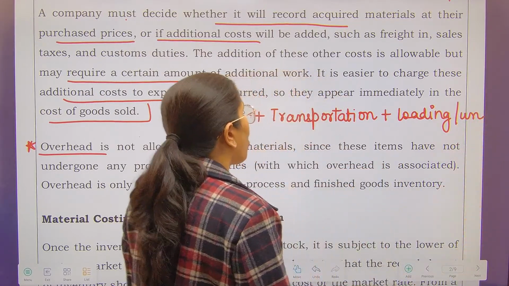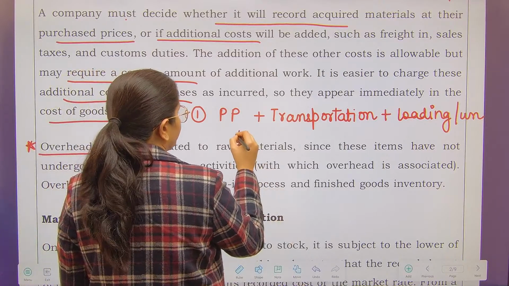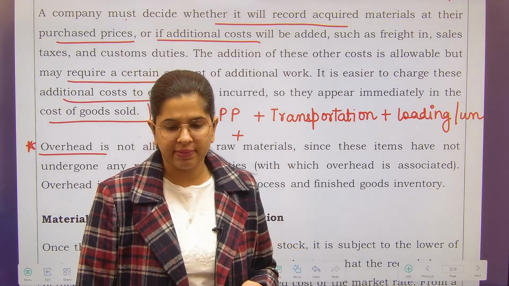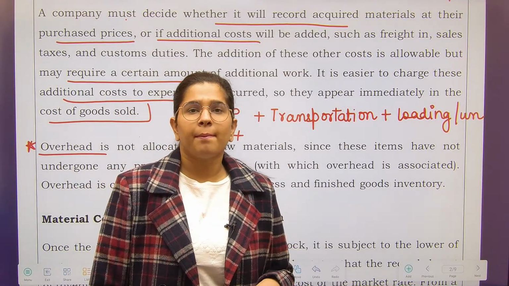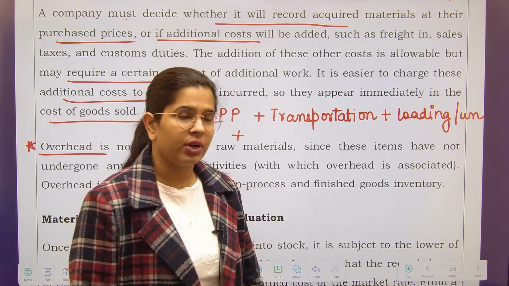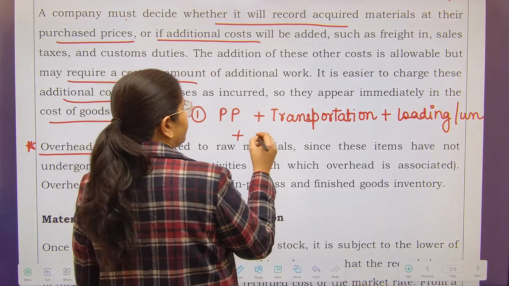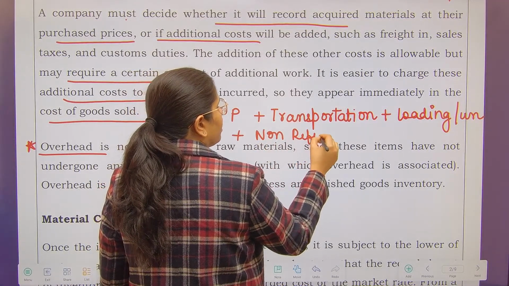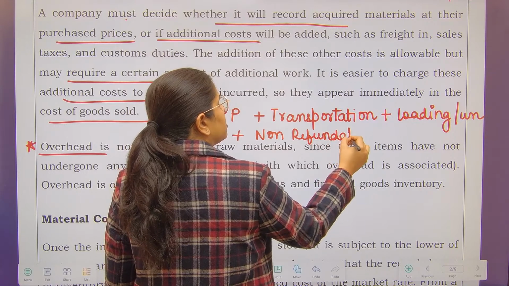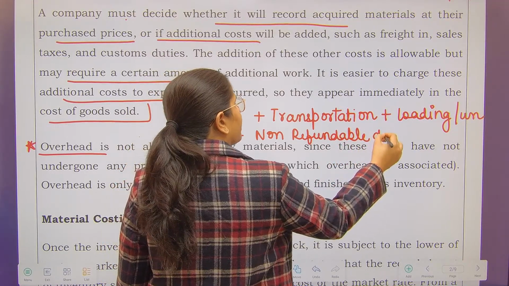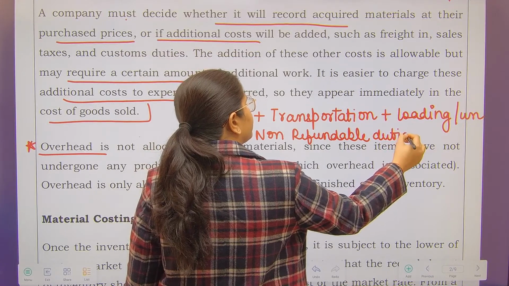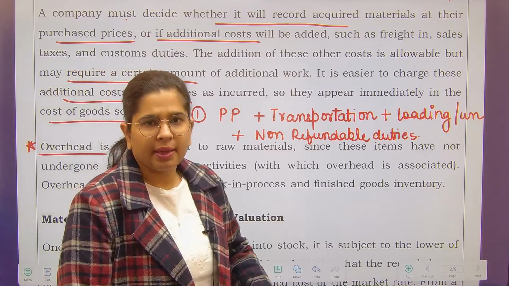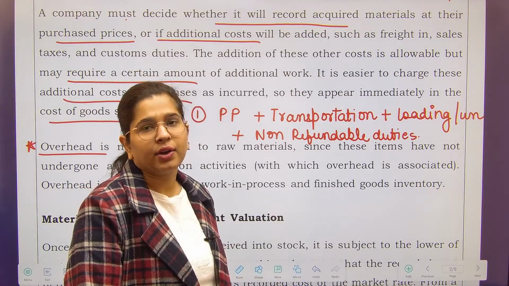Next thing, all the non-returnable duties, meaning such duties for which you are not going to receive the credit, that should become part of your material cost only. Correct. So non-refundable duties. Although now GST is applicable, we receive the credit of GST as well.